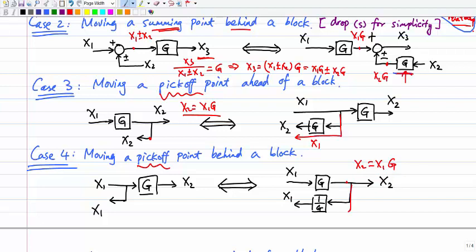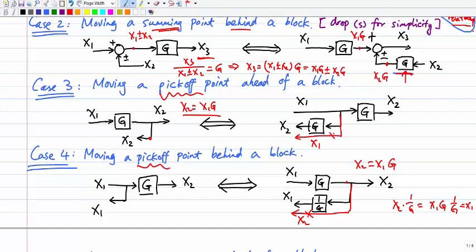If I only have this as my input, it will just be X2, so it's not equal to X1. If I want the same X1 at the pickup point, I multiply by 1 over G, because X1G times 1 over G becomes X1. So this pickup point still becomes X1. Okay, so this is not right.